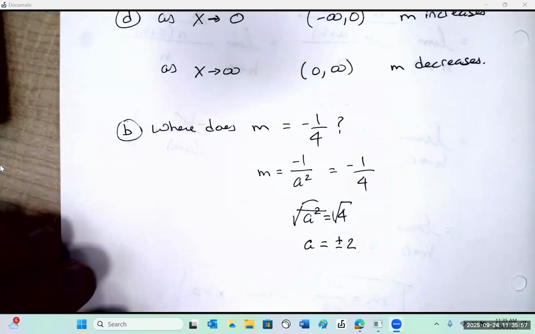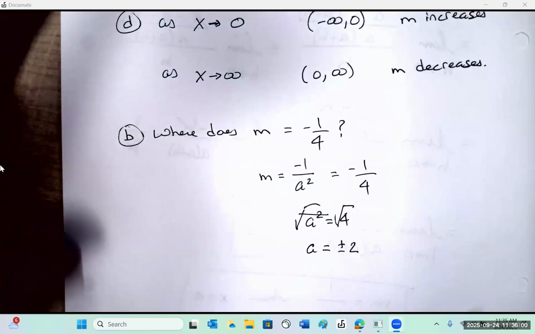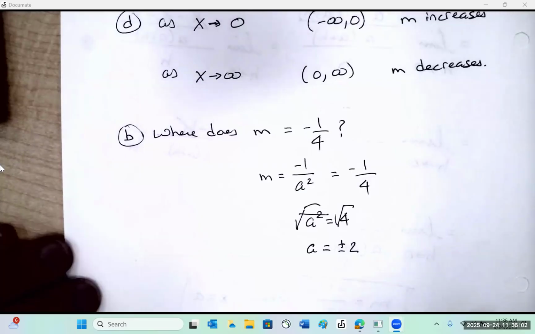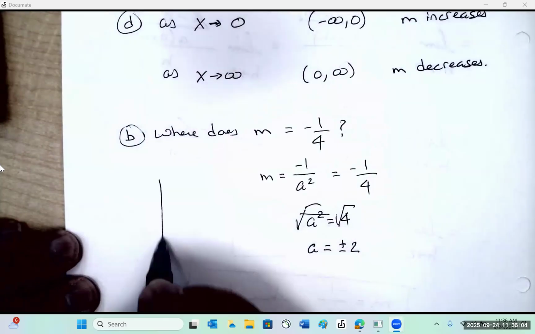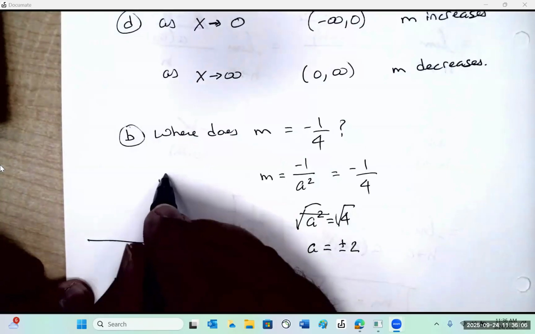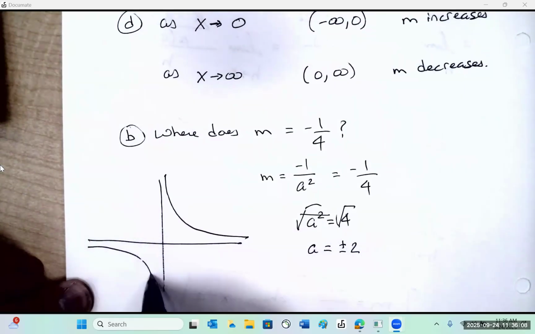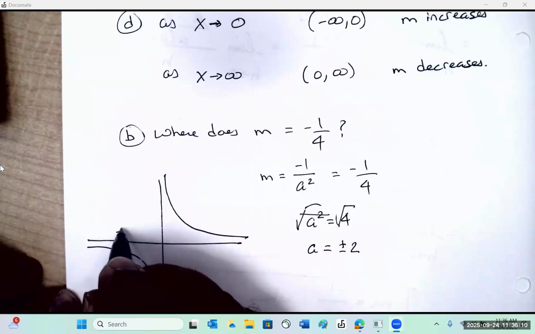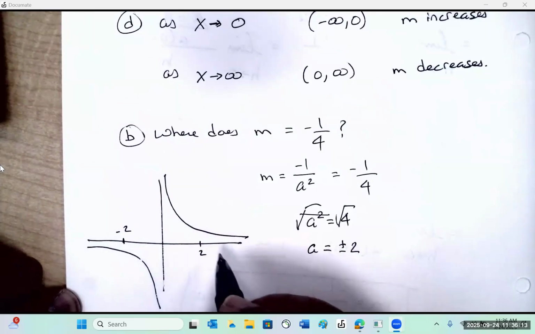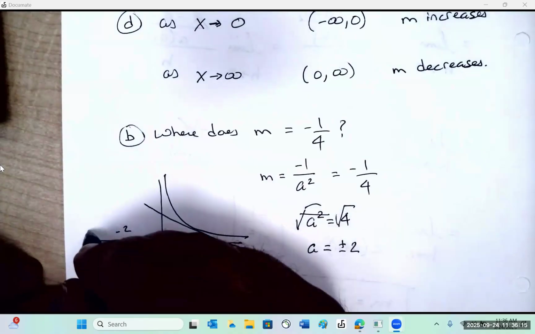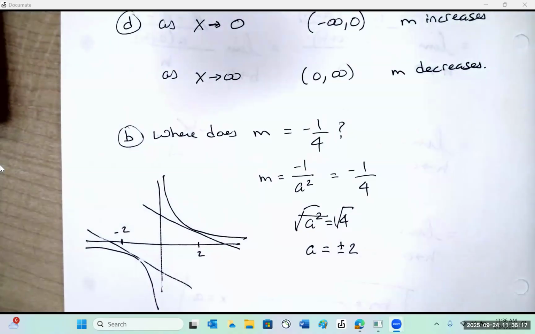If you think about it, because the graph is pretty much symmetrical, at -2 here and at +2 here, the two lines are going to be parallel.